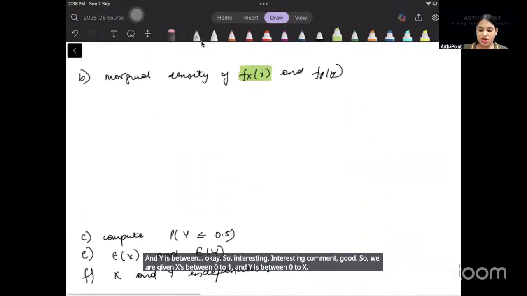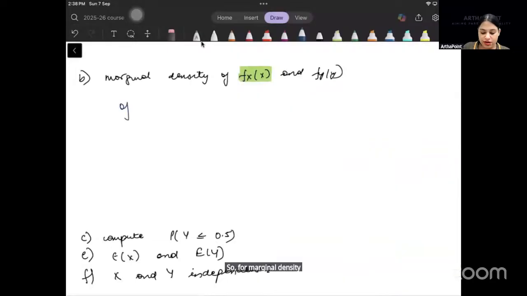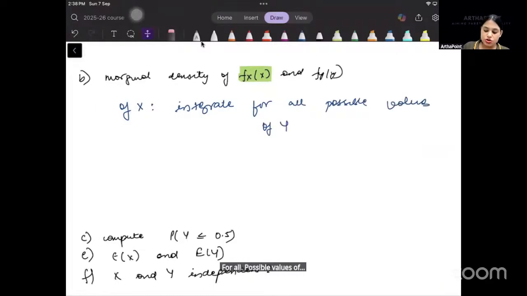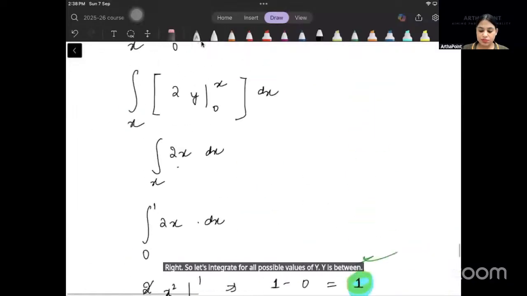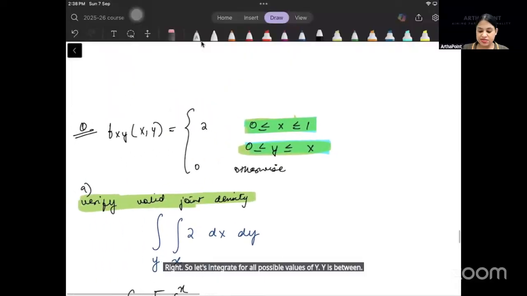So for marginal density function of x, we will integrate for all possible values of y. Y is between 0 to x.